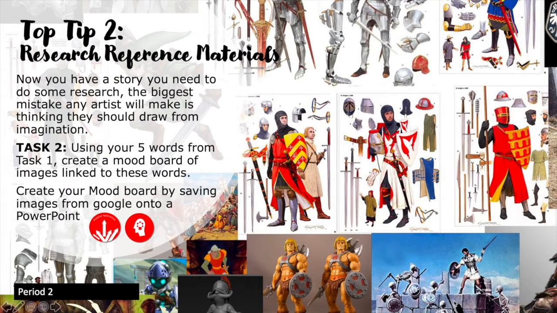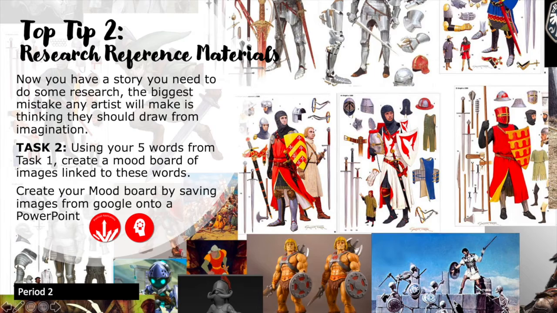Task number 2, which you will then start completing within this lesson, is you're now going to go and research images for the 5 words or phrases that you've chosen. So if it's brave, you might want to look for some characters that are brave and strong and muscular.